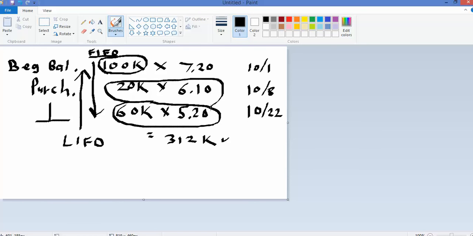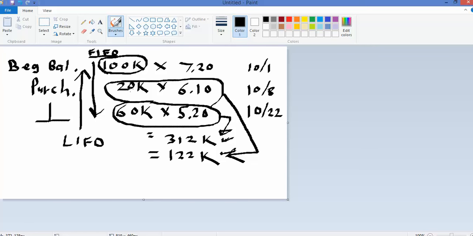So let's do 20,000 times 6.10, which is 122,000. Put it here. This is a check mark, although it's a very bad check mark. Okay, this ties to this. This ties to this. Okay, this is still not enough because we consumed 95,000 when we sold, right? 60 and 20 is 80,000, so we still need another 15,000.